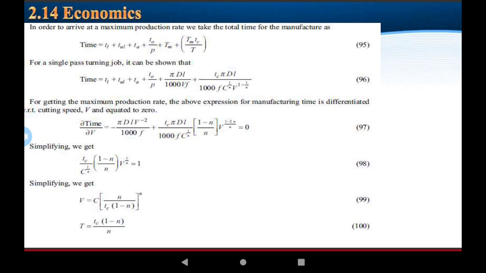Okay, this is the maximum production rate of the batch.